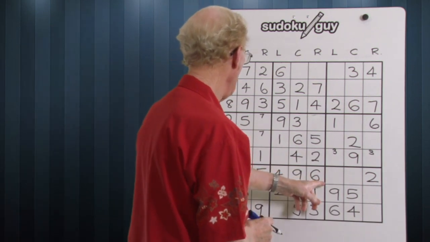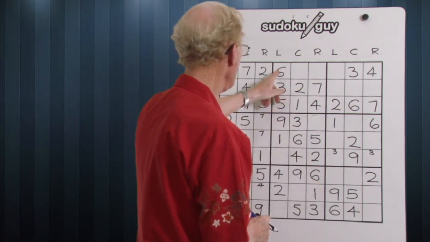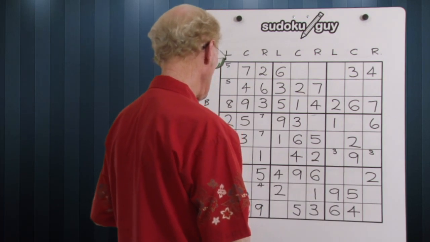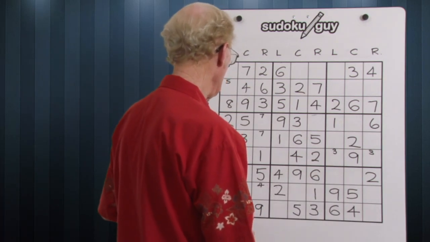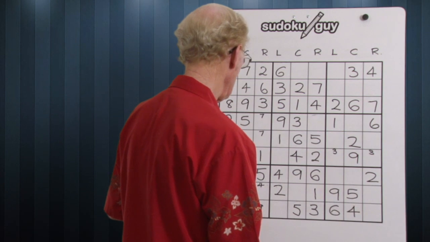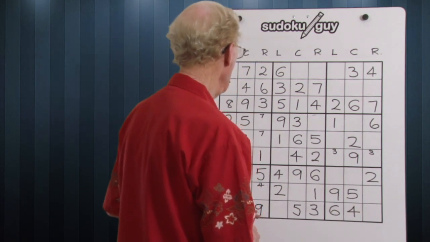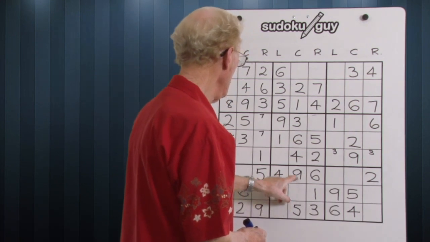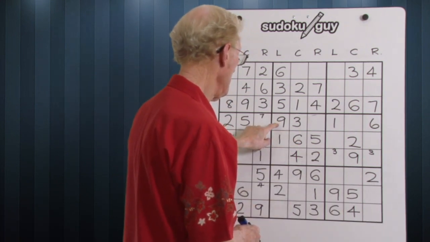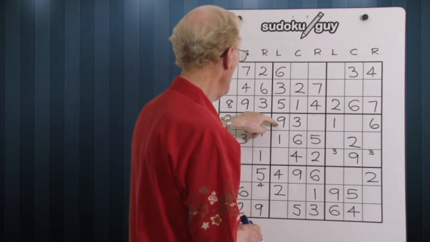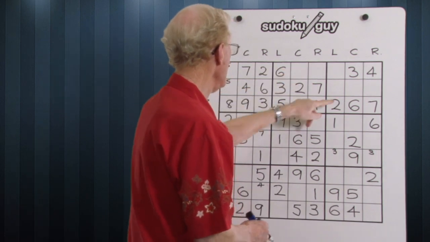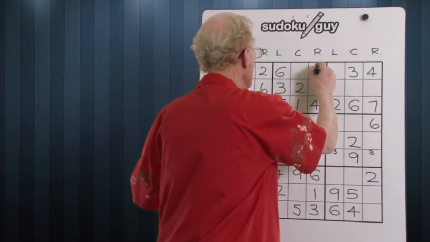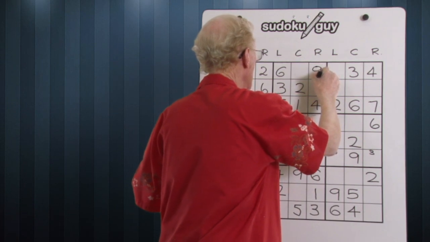There's a 6 on the right, a 6 in the center, and a 6 on the left. We're all done. 7s. We only have one 7. Leave it. 8s. There's no 8s at all. 9s. Here we have a block with a 9 in it in the center. Here this block has it on the left. Therefore, this one block has to have it on the right.